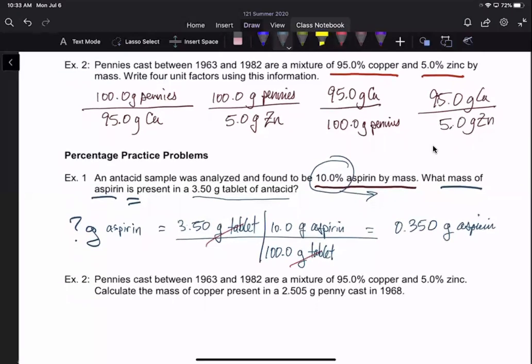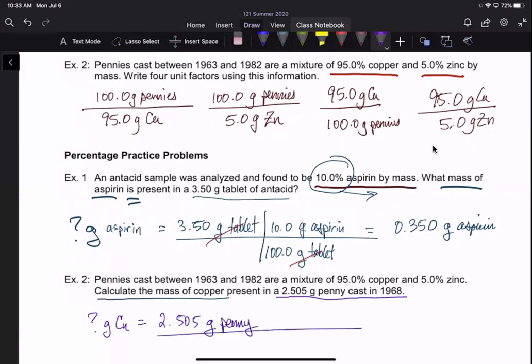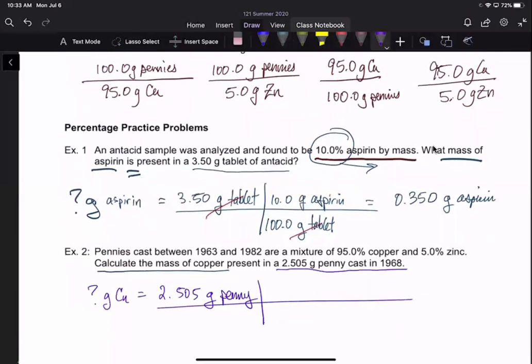All right, now let's take a look at those pennies again. Calculate the mass of copper. How many grams of copper in one penny that weighs 2.5 grams? So let's start with that 2.505 gram penny. And we want to make that conversion. So we can pick one of those factors from up above. This one looks good.